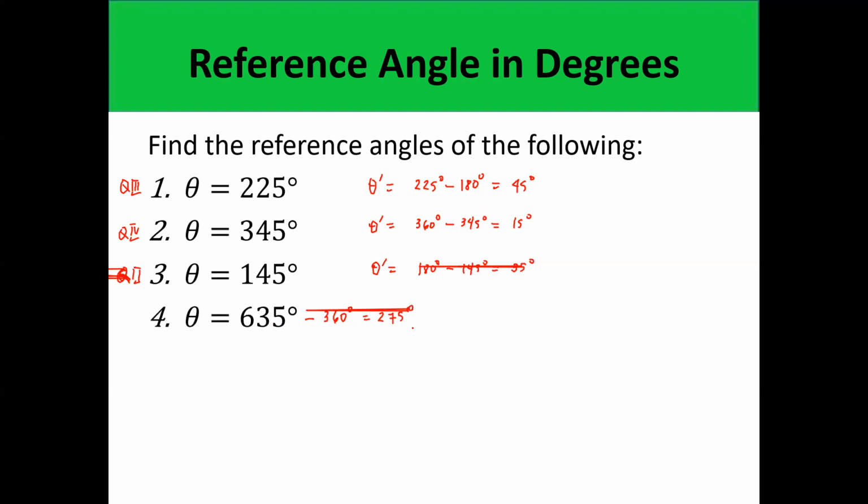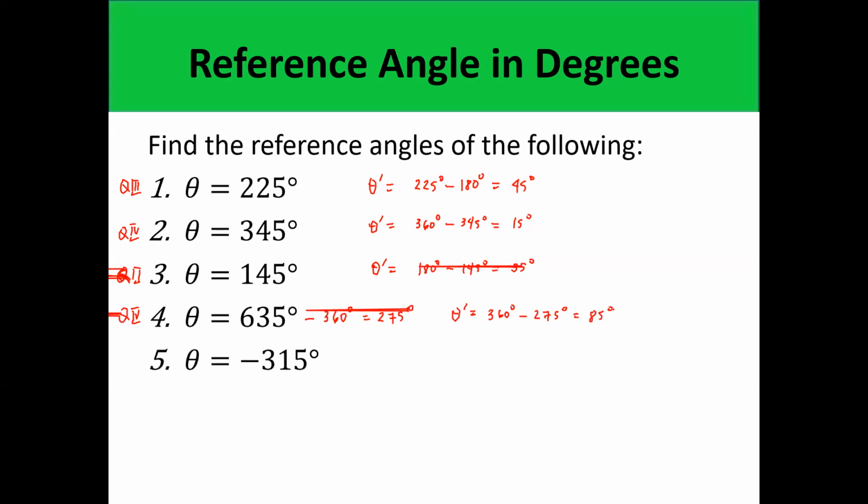Now, 275 degrees is an angle between 270 and 360 degrees, so that must be in quadrant number 4. In quadrant 4, the reference angle is 360 degrees minus 275 degrees, which is equal to 85 degrees.